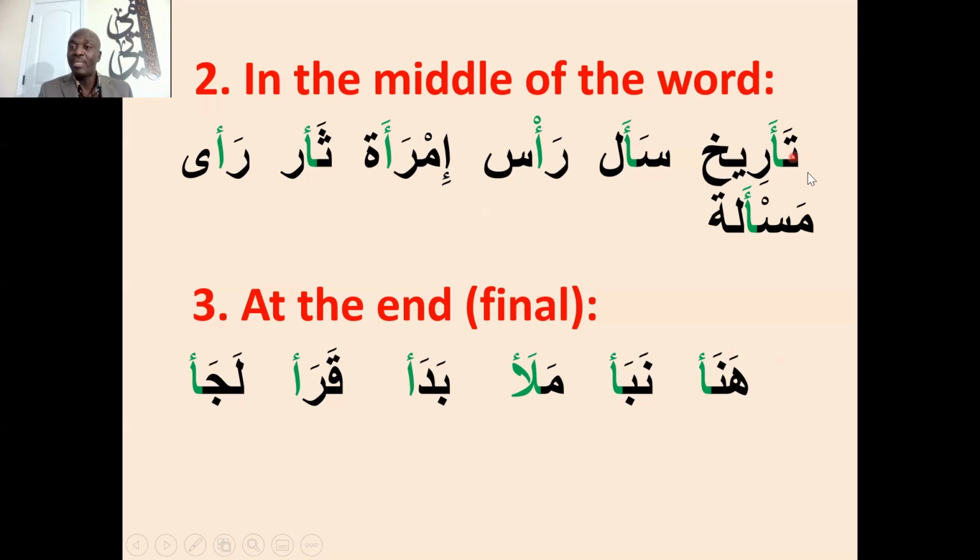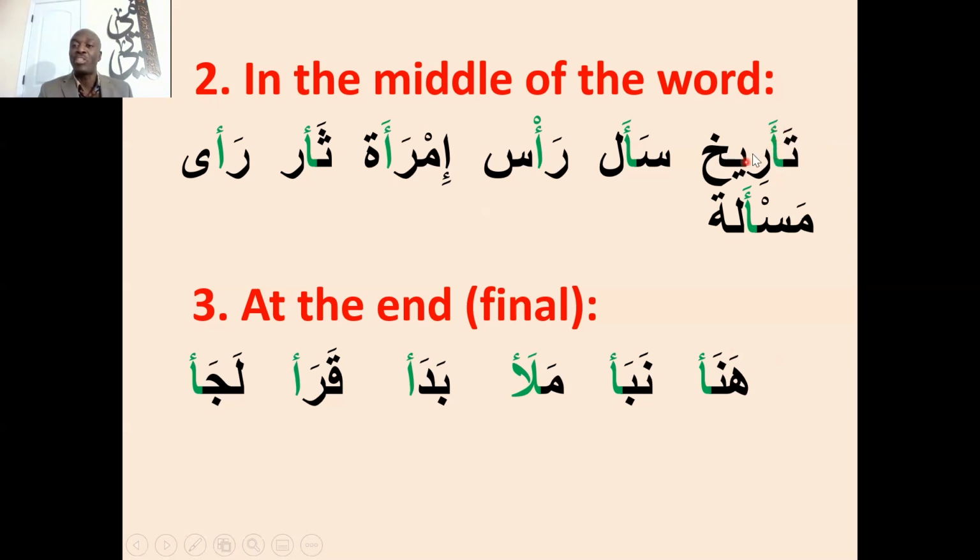So see, the letter ta has the short vowel fatha, and the hamza has the fatha. So that's why the fatha brings you the alif to be a seed for the hamza. Ta'rikh. That's how we determine the seeding for the hamza is alif, because of the fatha.